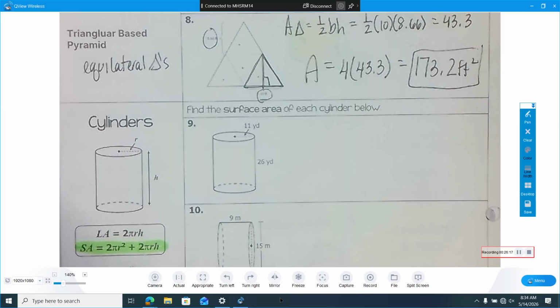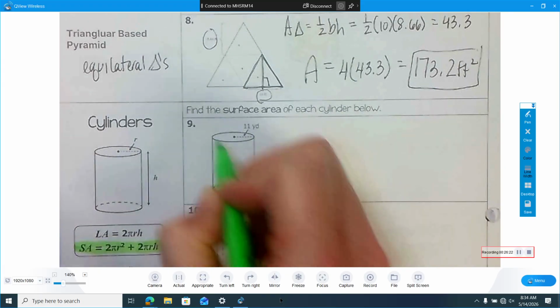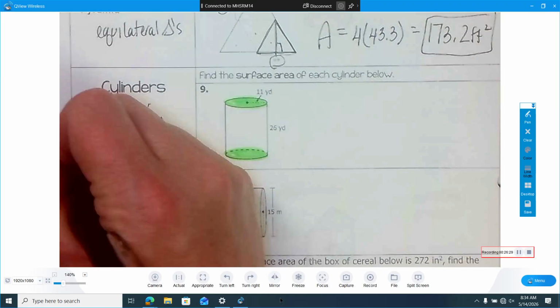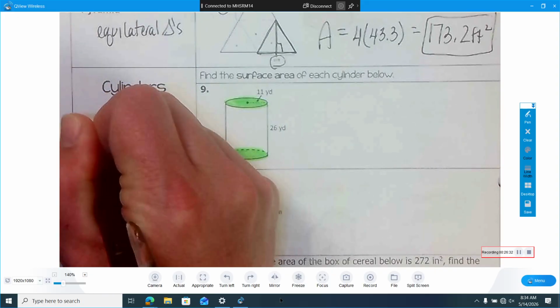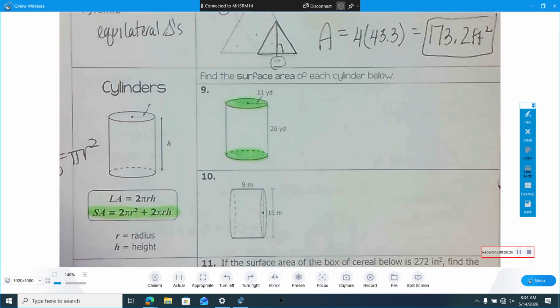So first of all, when we look at a cylinder, there are 2 bases. And what shape are those 2 bases? Circles. What's the formula for area of a circle? Yeah, the area of a circle is pi r squared. If I want to find the surface area, it has 1 circle and another circle.